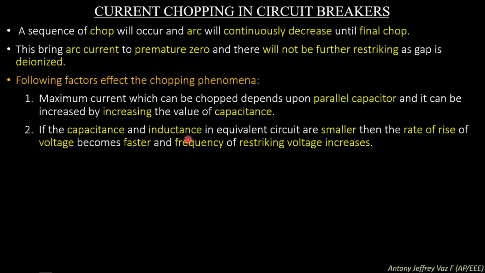If the capacitance and inductance in the equivalent circuit are smaller, then the rate of rise of voltage becomes faster and the frequency of the restriking voltage increases. If a smaller value of capacitance and inductance are present in the circuit, the rate of rise of voltage is very fast, so the frequency of restriking voltage is very high.